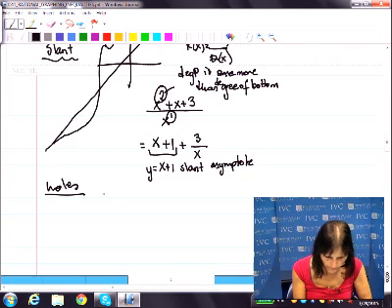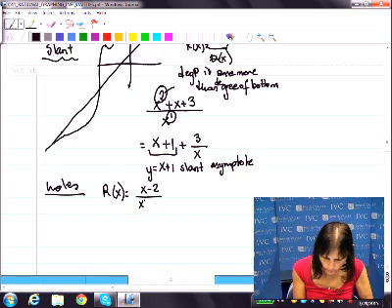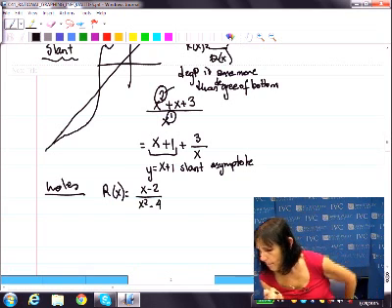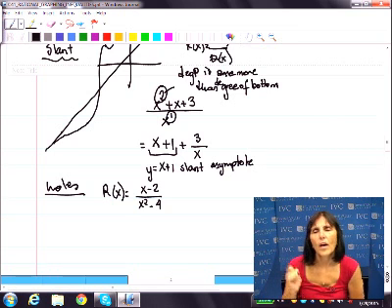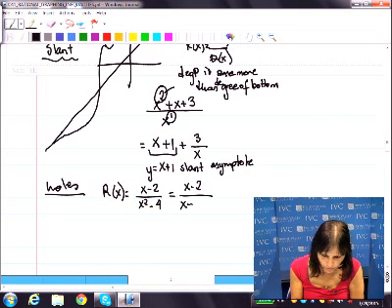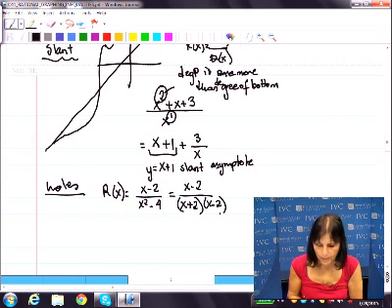Let's look at this. R of x equals x minus 2 over x squared minus 4. Always try to factor things before you do anything. That will make your life really simple. Look what happens.